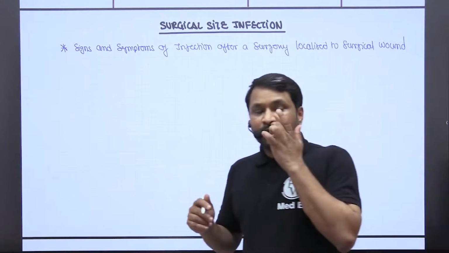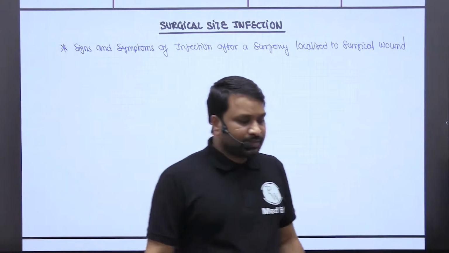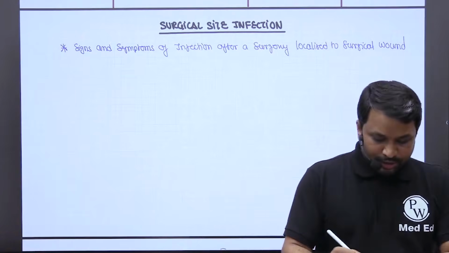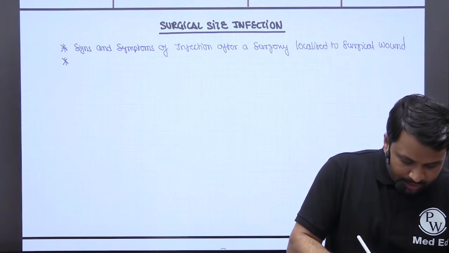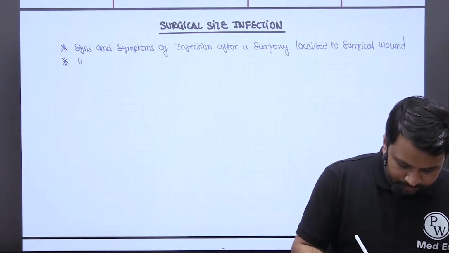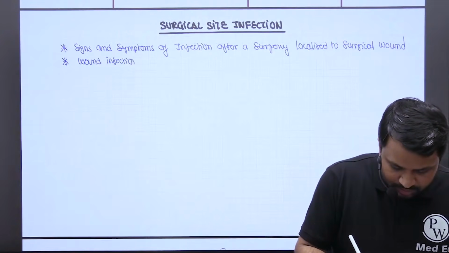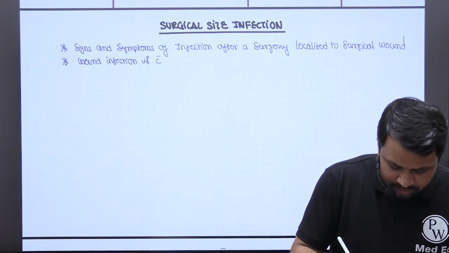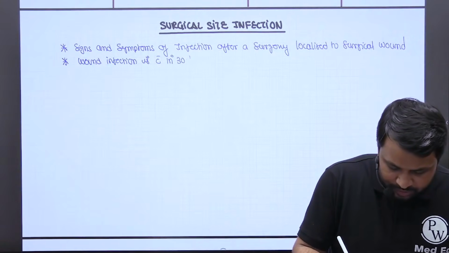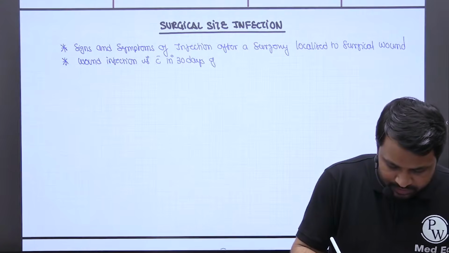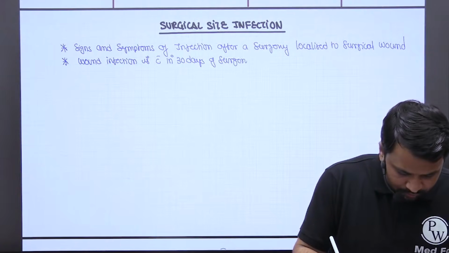Right, guys. Now, as we say, surgical site infection is signs and symptoms of infection after a surgery localized to the surgical wound, but within how many days? This wound infection is within 30 days of surgery.